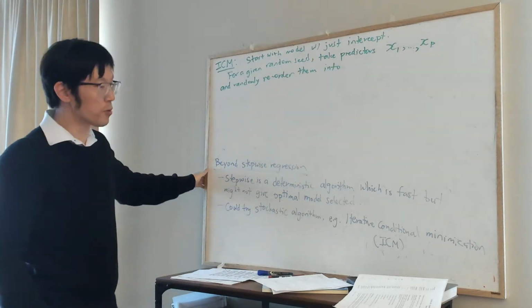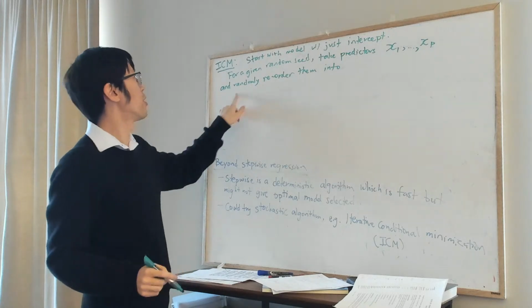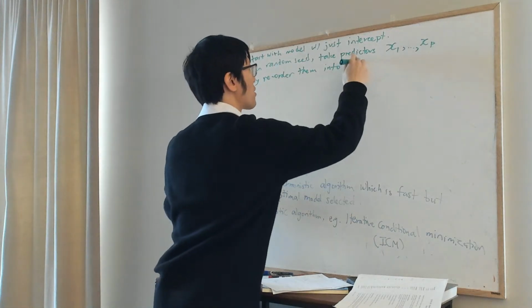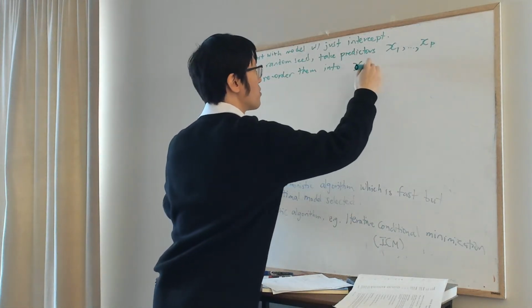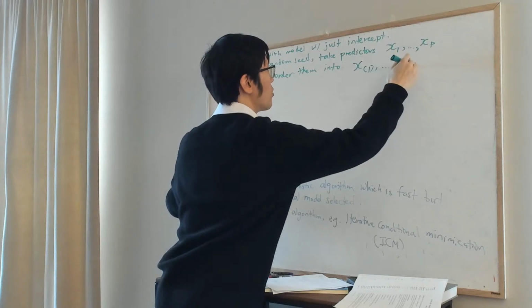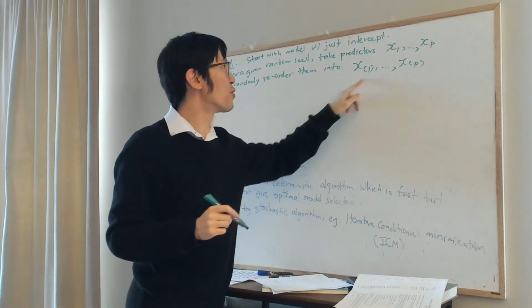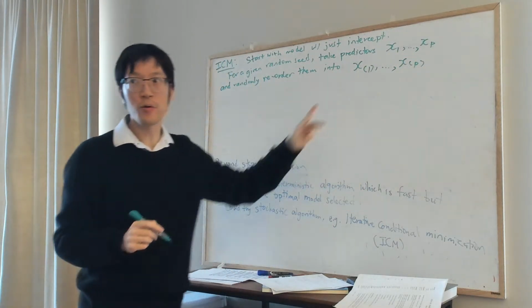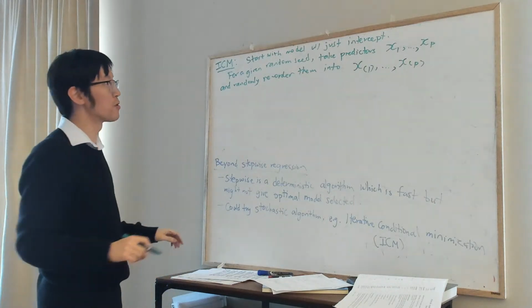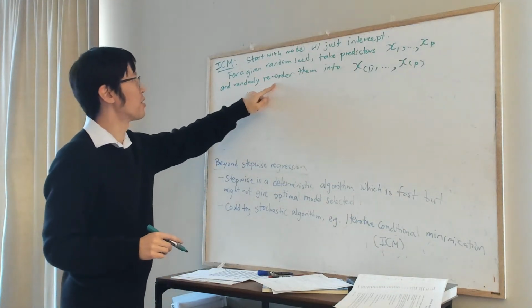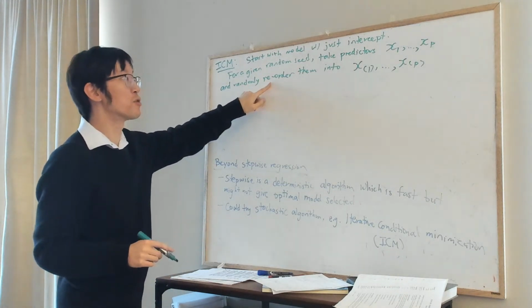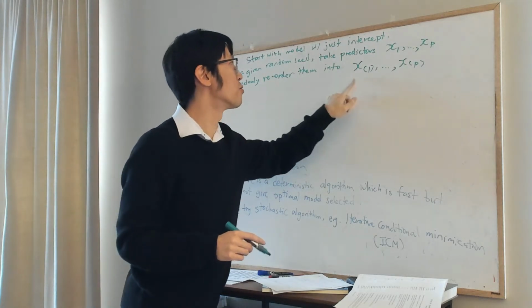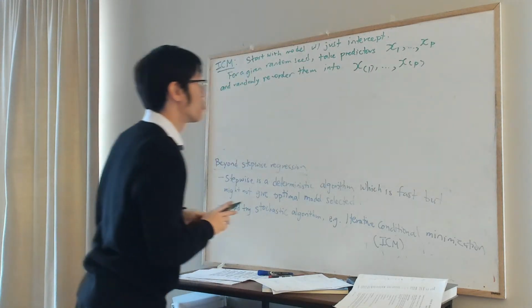We'll call the randomly reordered version x with a bracket, to indicate these are reordered. They're all the same variables, just in a different order. That's where the stochastic part of the procedure comes into play: you randomly order these predictors.